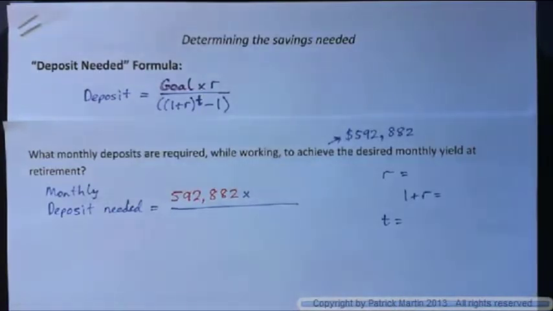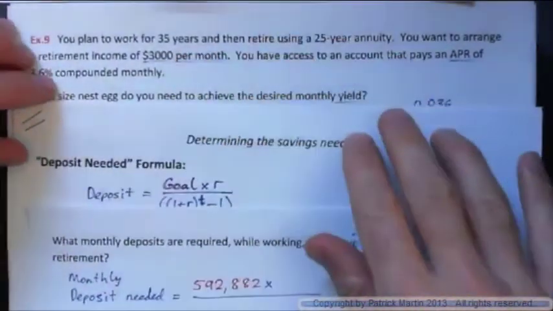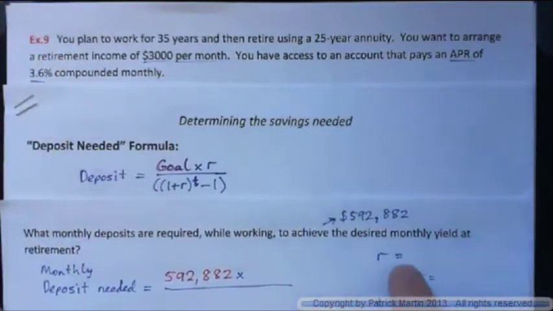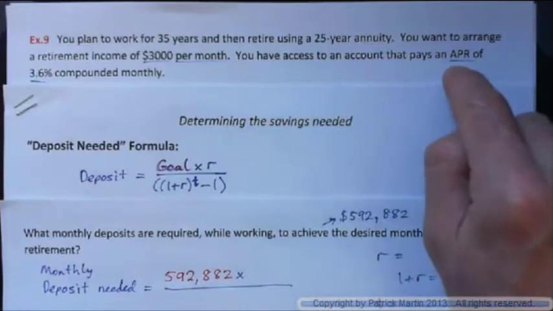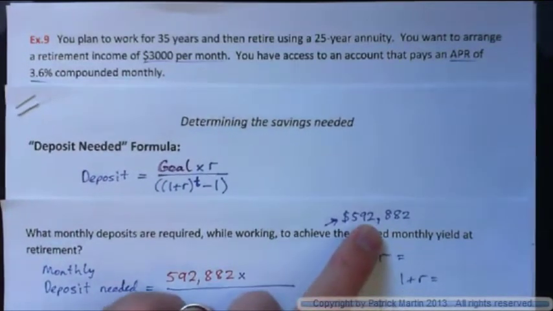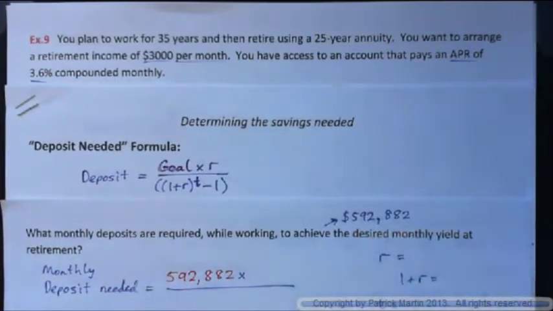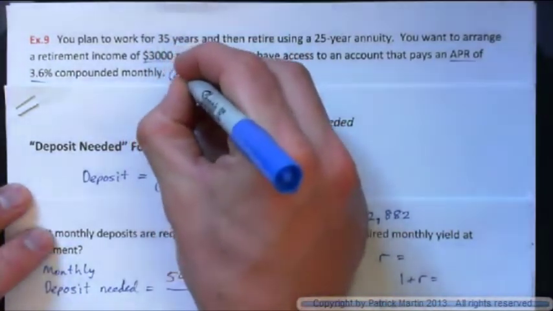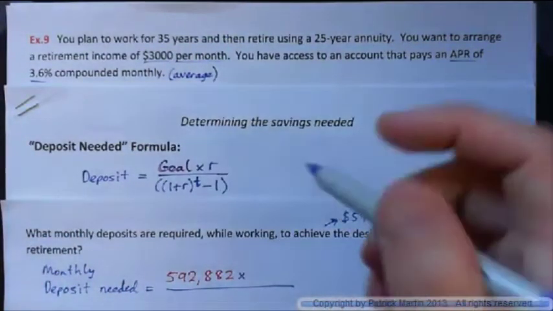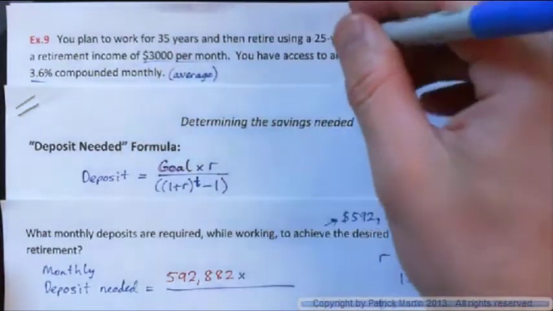So let's have a look at the question here now. If we just take R to begin with, we're talking about an annual percentage rate of 3.6% compounded monthly. And that applies once we have this in our account and we're retired, but it also applies while we're working. So we're thinking about this in very general terms, that this might in fact be the average APR in an account over, let's say, 35 years working and 25 years retired.